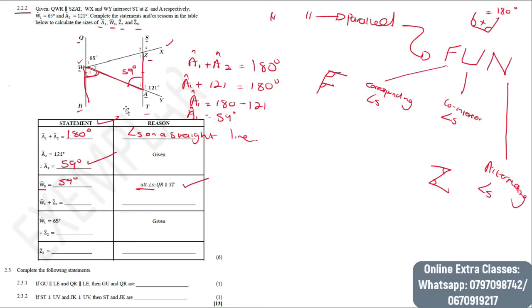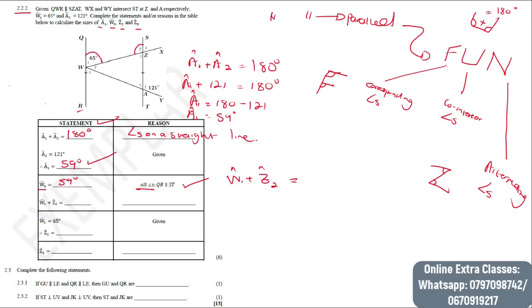And then now we are done with W3. So we can just create space so that we can identify other angles as well. For us to identify other angles, what we are given should be clear. So now let's move to our next one, which says that angle W1 plus angle Z2 are equal to, and you also need to give a reason for that.